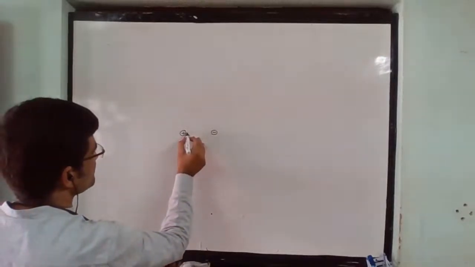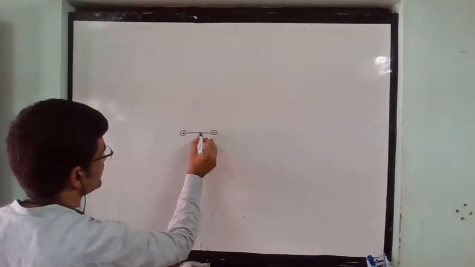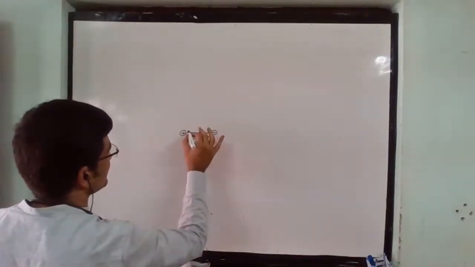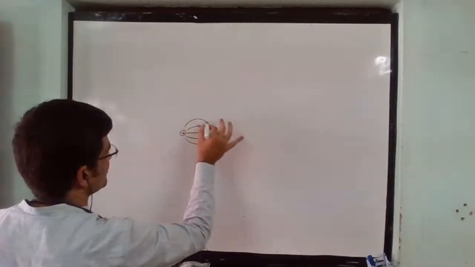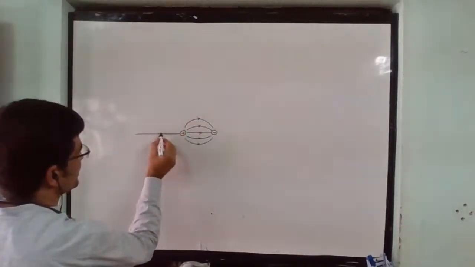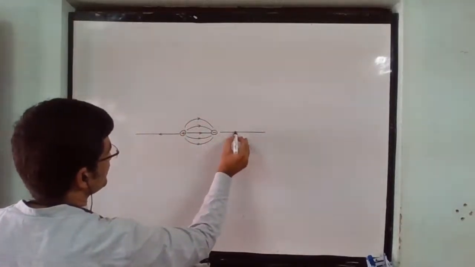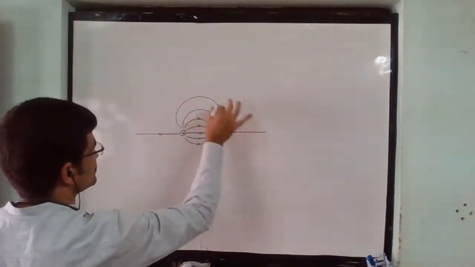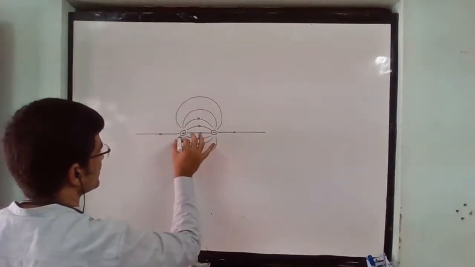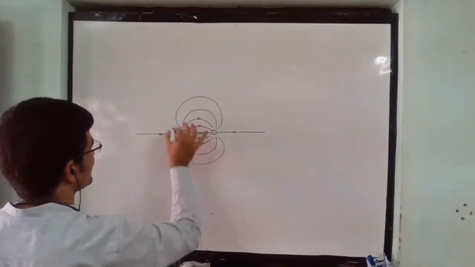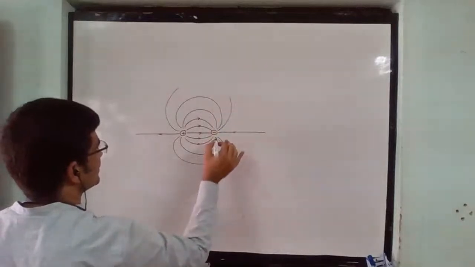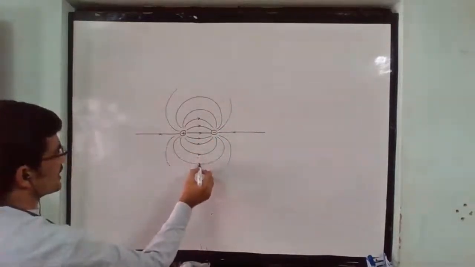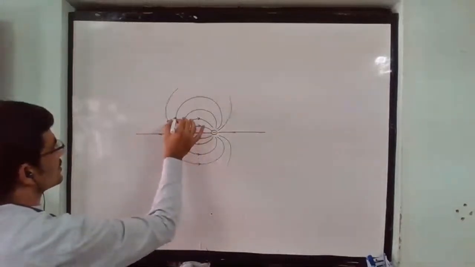Electric field lines always come from the positive charge and move to the negative charge, plus to minus, like this, plus to minus, plus to infinity, infinity to minus, plus to minus. Like this. So these are the electric field lines, which you already know.